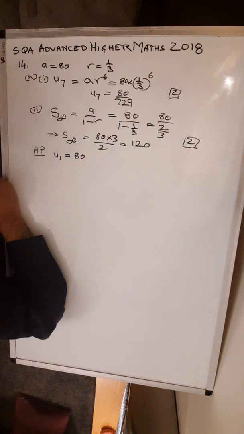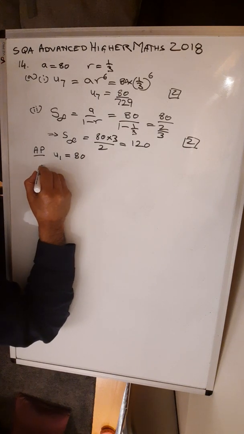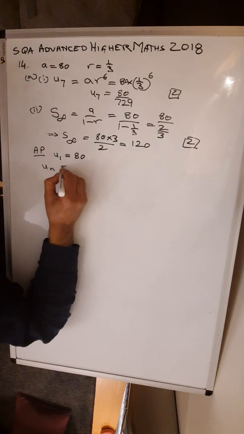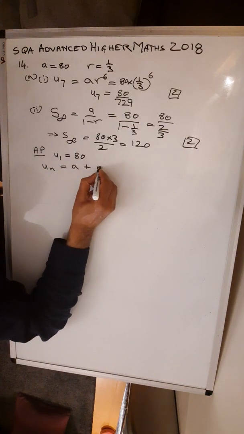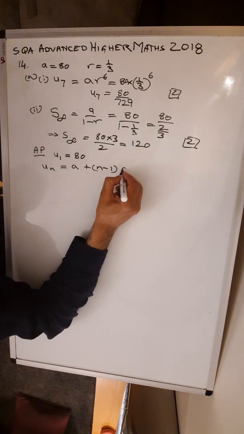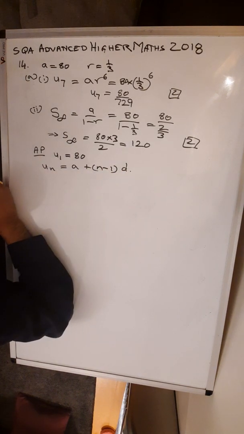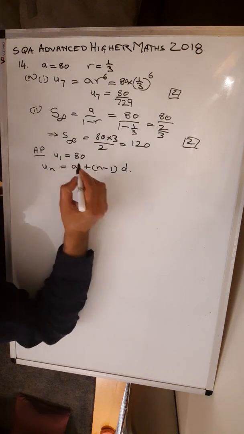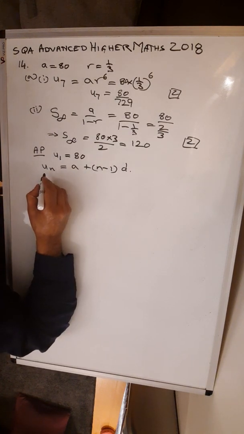The sum of the first 5 terms of the arithmetic sequence is 240. Un is a plus n minus 1 d for an arithmetic sequence.